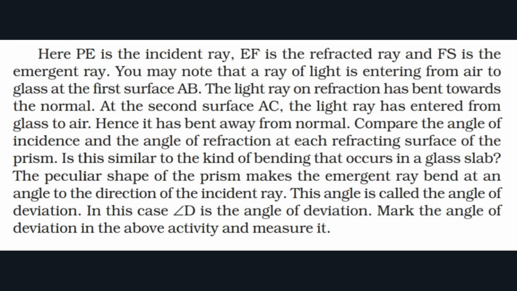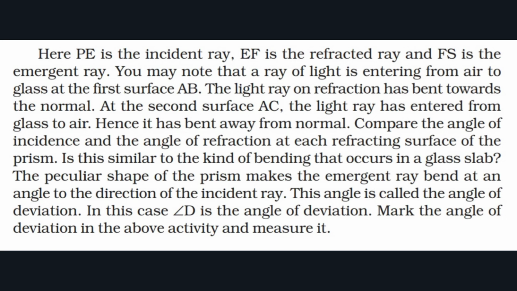You may note that a ray of light is entering from air to glass at the first surface AB. That means the light ray enters two mediums, one is the air medium and the other is the glass medium. The AB surface outside is the air medium, and inside the prism is the glass medium. Now the light ray on refraction has bent towards the normal.